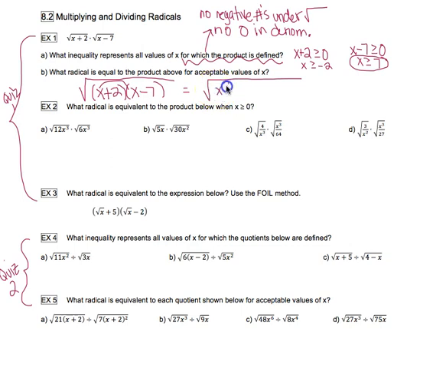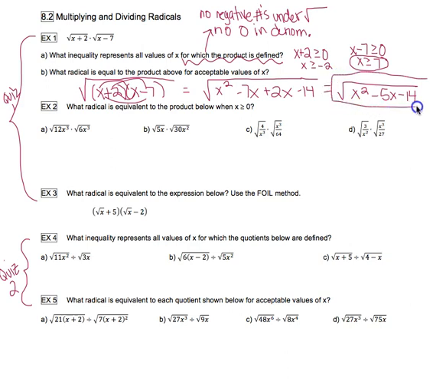So x times x is x squared. X times negative 7 is negative 7x. Insides give me 2x, and then 2 times negative 7 is negative 14. Combine like terms, and I get the square root of x squared minus 5x minus 14 for as simplified as I can get it.